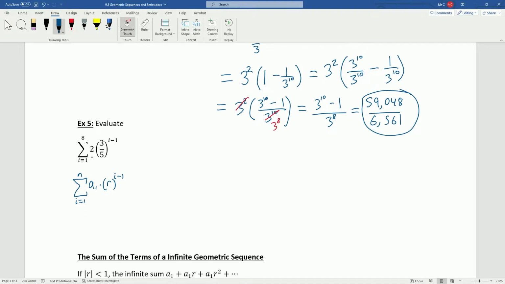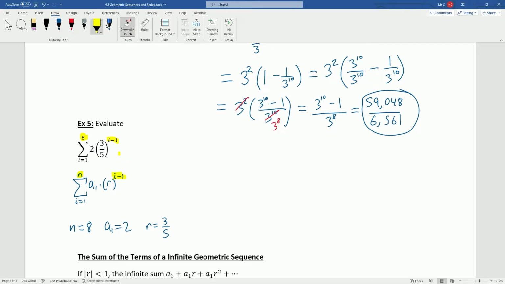So it does. a1 is 2 here, right? We're starting at i equals 1 for both of these. We've got the same value for n for both of these. So what do we got? n equals 8. We've got a1 is 2. And r is 3/5. The thing to look out for here in particular is this power has to be the same.